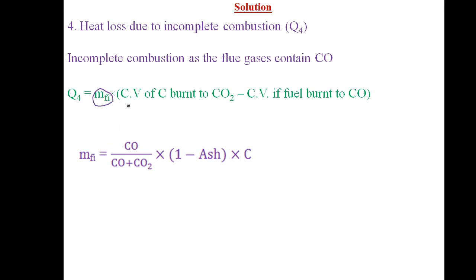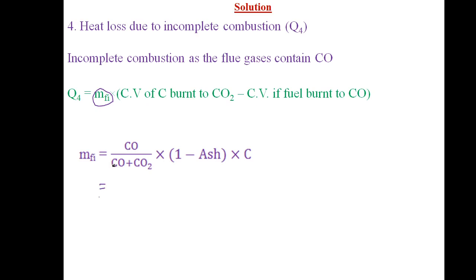If carbon is burned into carbon dioxide, it liberates 35,700 kilojoules of heat energy, and if it burns to carbon monoxide, then it liberates 10,250 kilojoules of heat energy. Therefore, some amount of heat energy is lost. So first of all, we have to find out the mass of fuel burned incompletely.